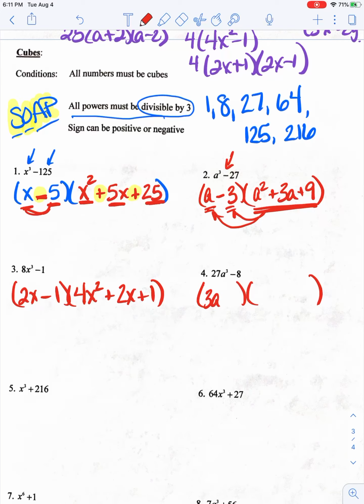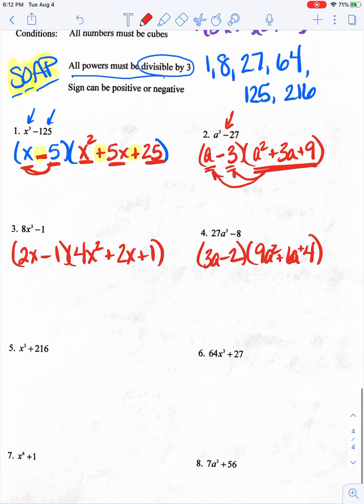27 and 8 are both cubes. 3a and a 2, square all of it, square it, multiply together, same, opposite, always positive. 216 is a cube. 6, square it, multiply it together.